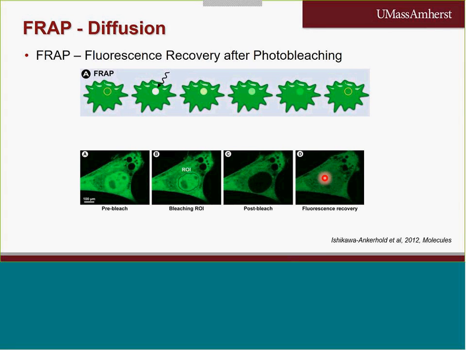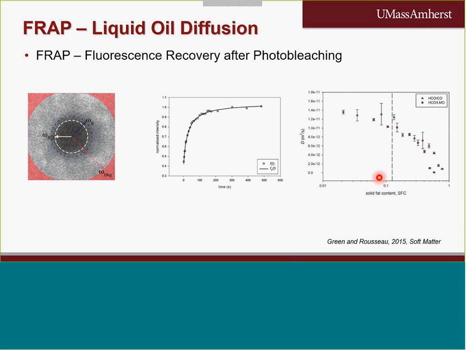in the region of interest. This was used by Corradini and Rousseau in order to calculate the diffusivity in mixed systems. In this case, you can see the lightly colored region that fluoresces, and the one that doesn't emit any fluorescence.